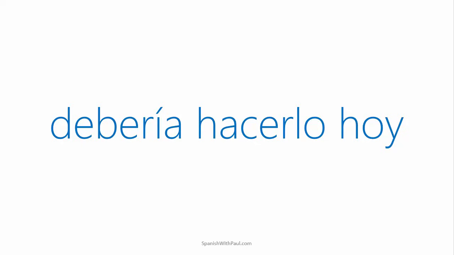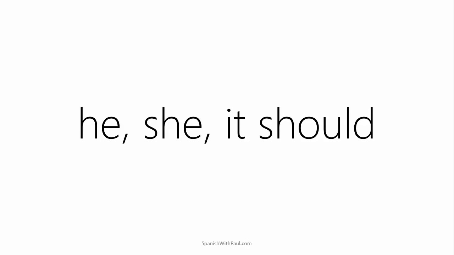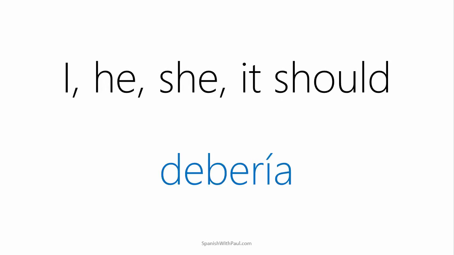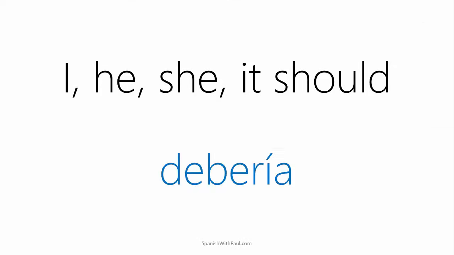Debería hacerlo hoy. Now this debería also means he should, she should, or it should. So all four angles, I, he, she, and it, are expressed with this one word in Spanish of debería.